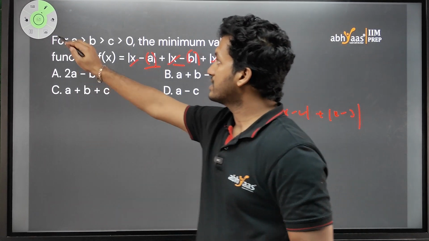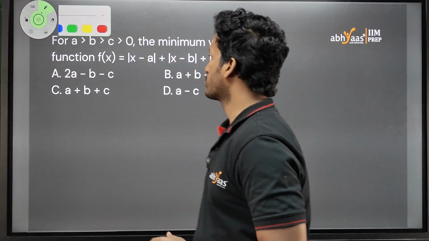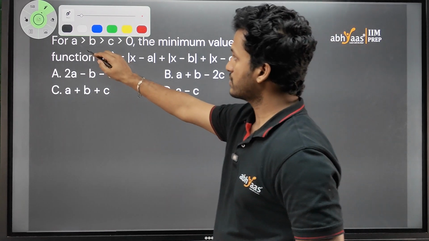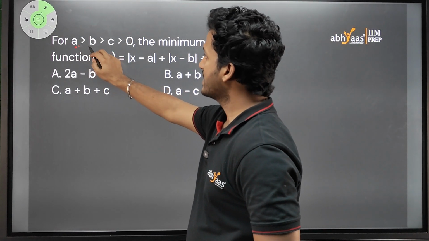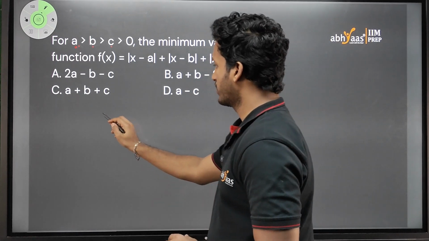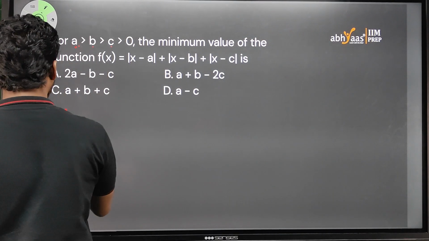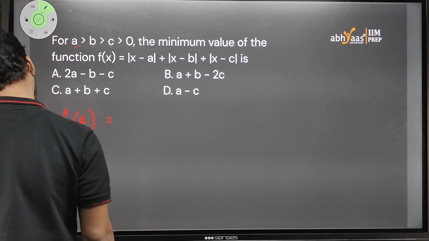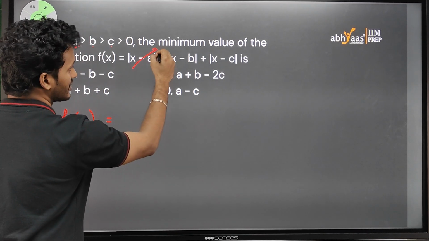But here there are no numbers. They have given a, b, c. So what to do? They said a is greater than b is greater than c is greater than 0. So in place of x, I am taking a, f of a. Let us see what can be the answer. This will become 0.